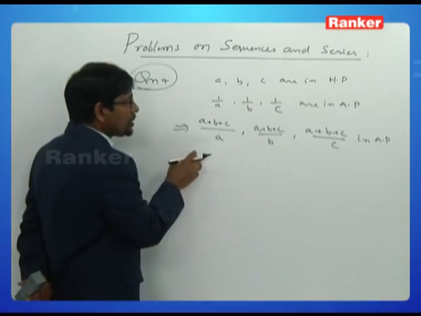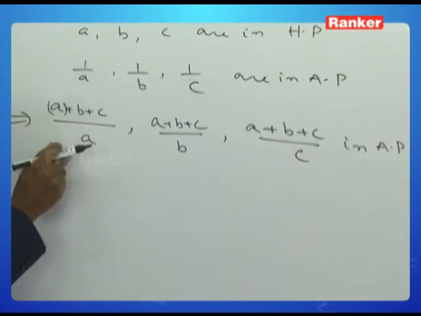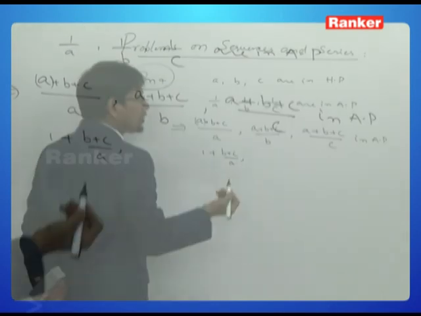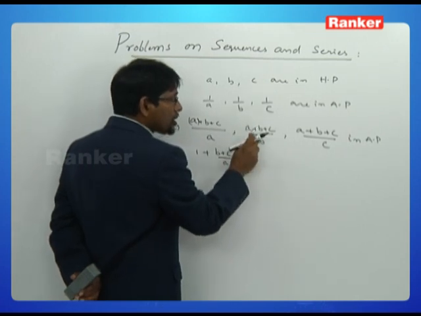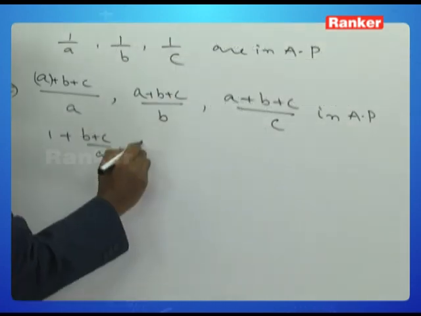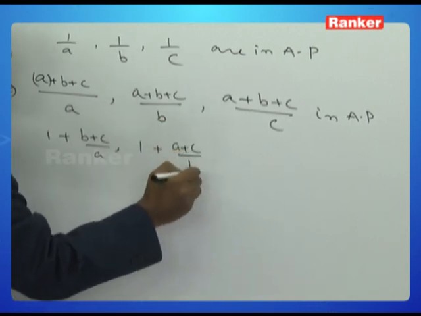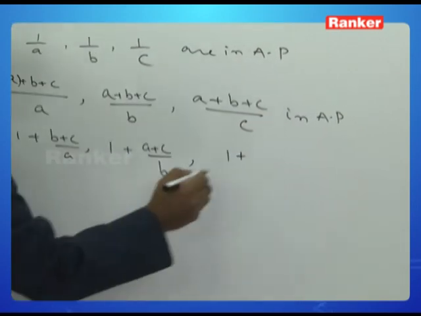Now observe that we can split this into two fractions. A by A, that makes it 1. 1 plus B plus C by A, comma. Then you will get B by B as 1, and then the rest of the part is A plus C by B. And then you have 1 plus A plus B by C.